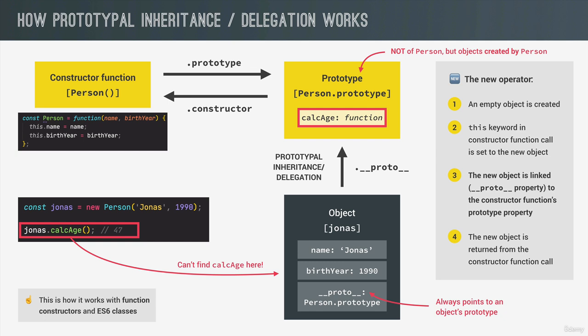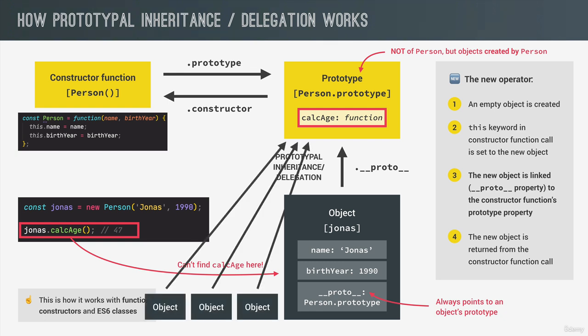Now the beauty of this is that we can create as many person objects as we like, and all of them will then inherit this method. So we can call this calc_h method on all the person objects without the method being directly attached to all the objects themselves. And this is essential for code performance.